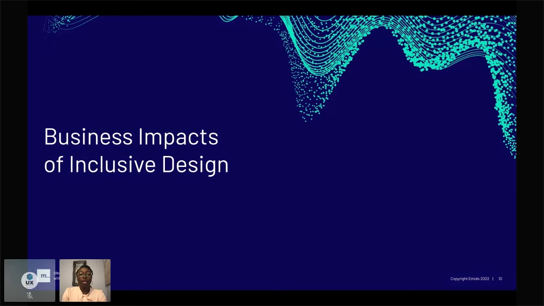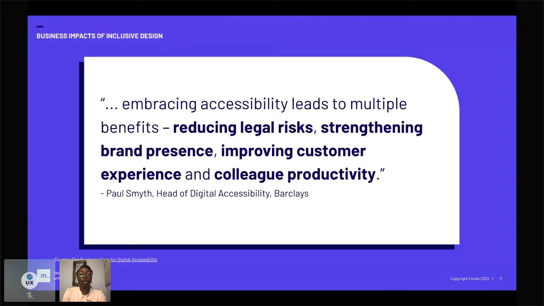And if we look at accessibility and inclusive design, to see what that means for businesses, there's a huge business opportunity when we design for inclusiveness. Paul Smith, the head of digital accessibility at Barclays, said embracing accessibility leads to multiple benefits.